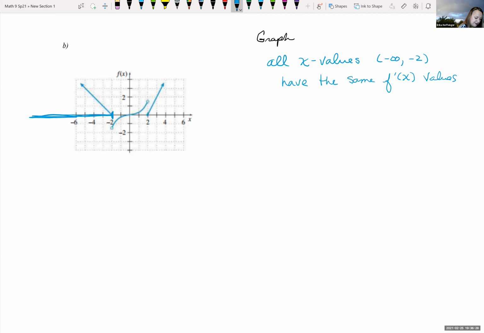This is a line, it's going to have the same slope anywhere on this line. And so we need to figure out what the slope of that line is. I know that f prime of x is less than 0.